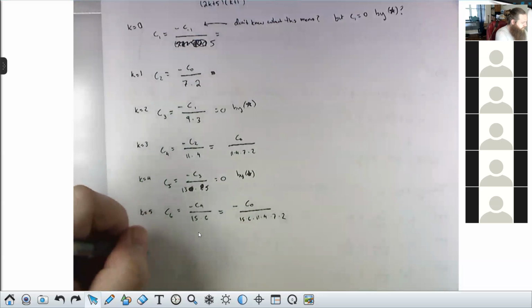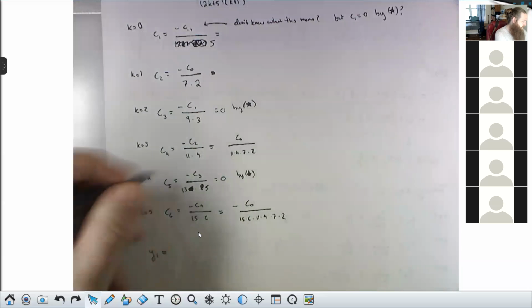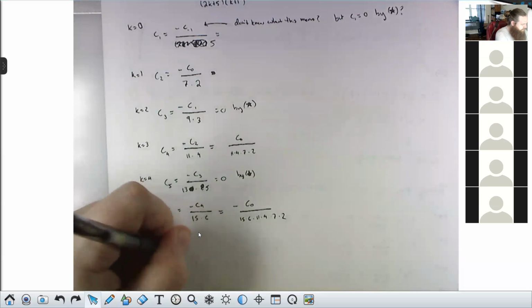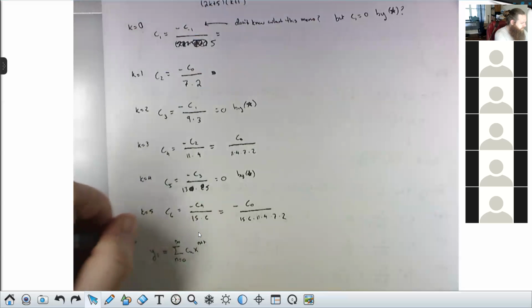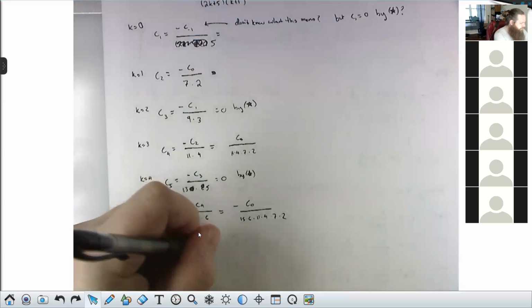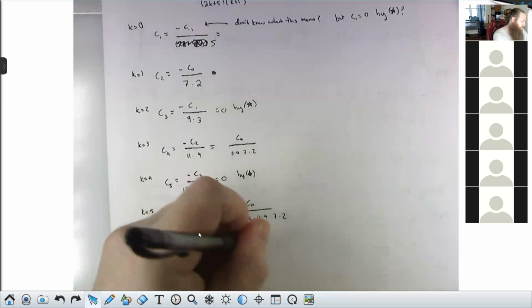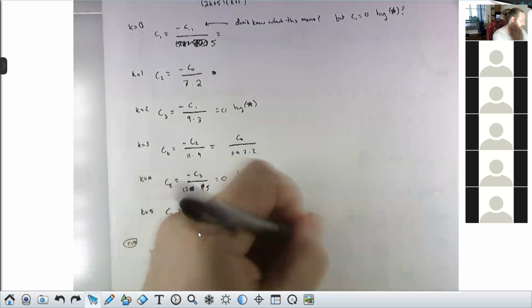So we can say one of our solutions, y1, this is the one associated with r equals 0. Sigma n from 0 to infinity, cn x to the n plus r, would be c0 plus c1 x plus c2 x squared plus c3 x cubed.